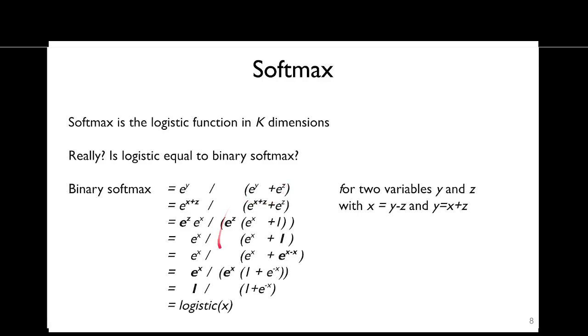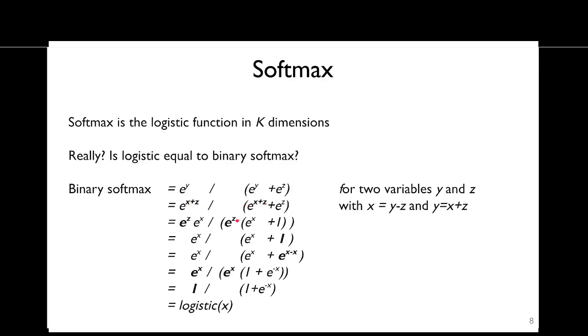And through a number of manipulations we will show that this is equal to logistic(x), but you wonder, what is x? For those two variables y and z, we introduce a new variable, which is the difference between y and z. And that means, in turn, that y is the sum of x and z.